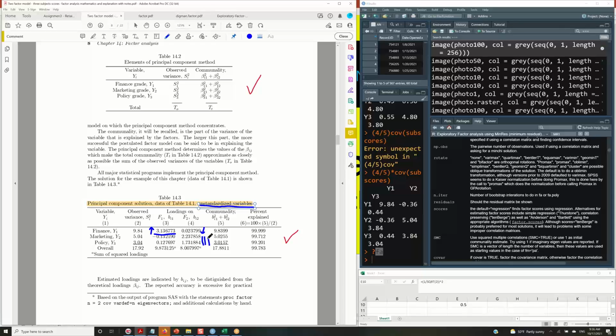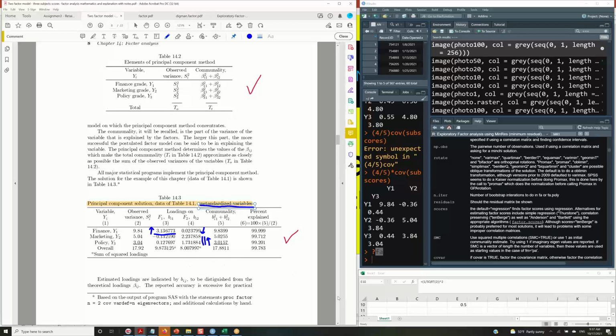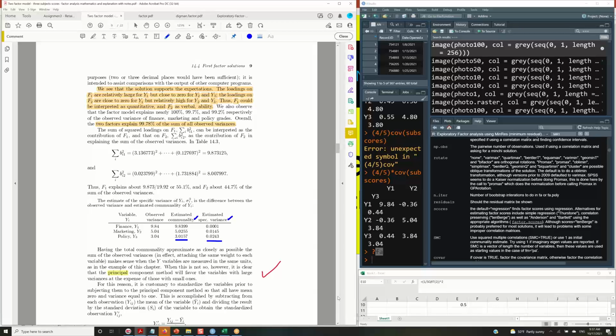This is what happens in good models when you build them. There is a separation here. So finance is 1 factor, and marketing and policies have so much correlation among them that it defines 1 factor. So this is what we want to do and explain. That's all the mathematics.